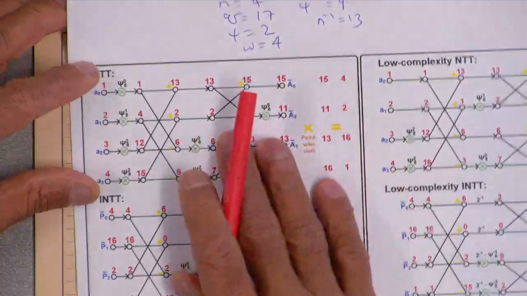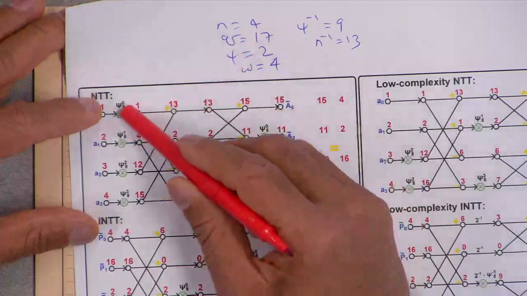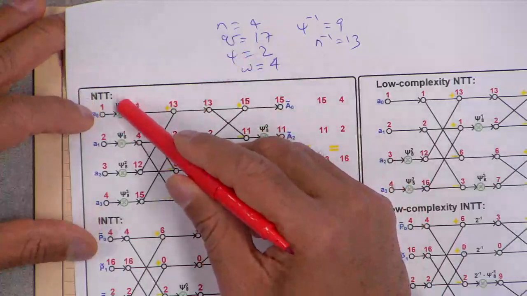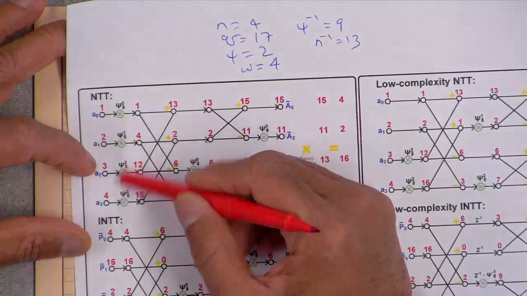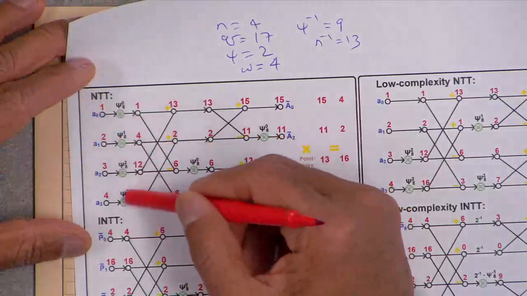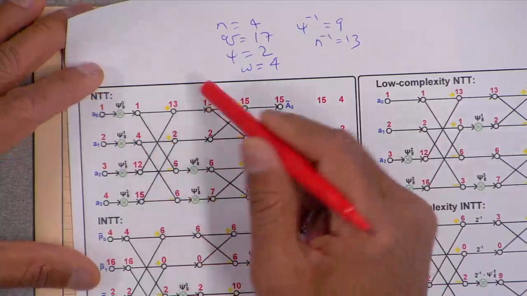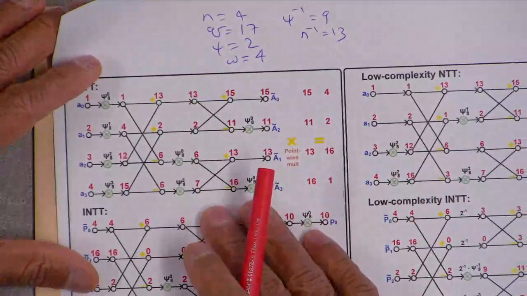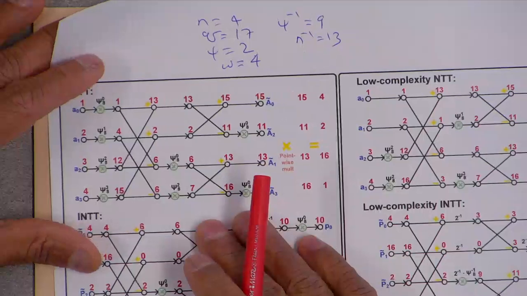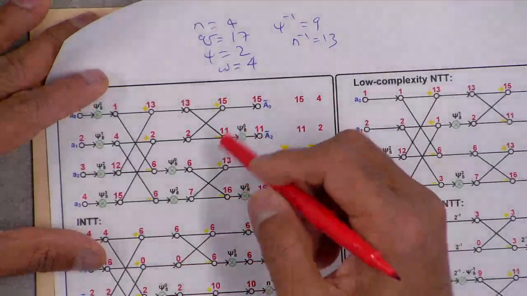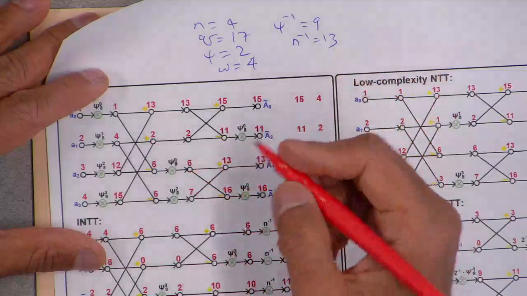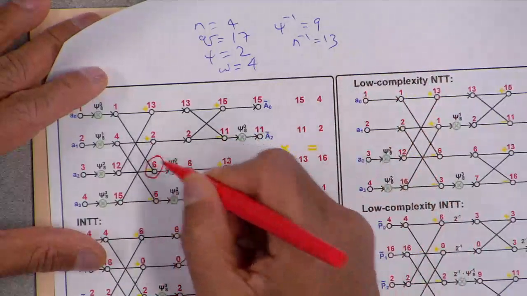N is 4, so this is the 2nth root, and multiply them by psi 8 to the power 1, psi 8 squared, psi 8 cubed. So again, check what these things are. You will do that in your homework. But this is given to you as an example, so you at least verify that you are learning how to compute these things.